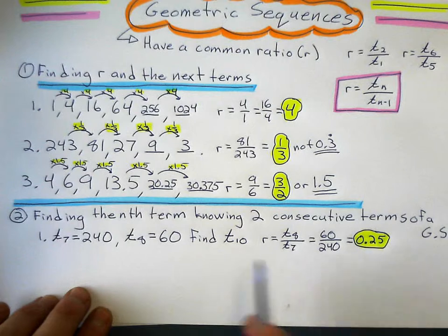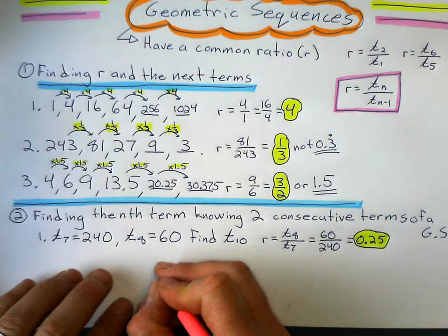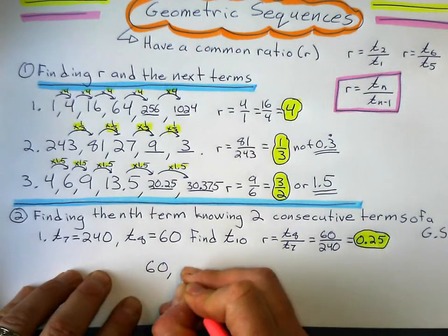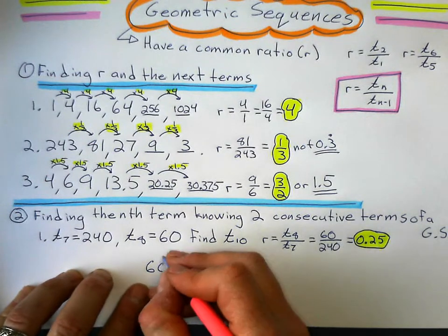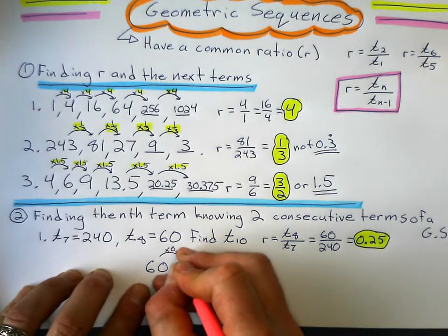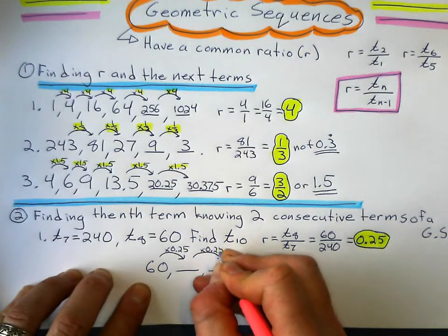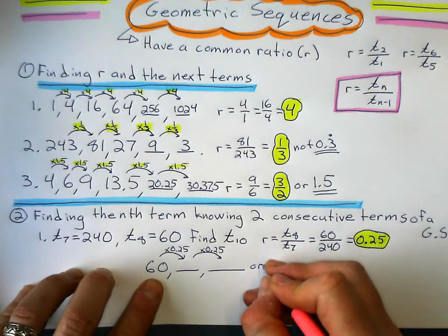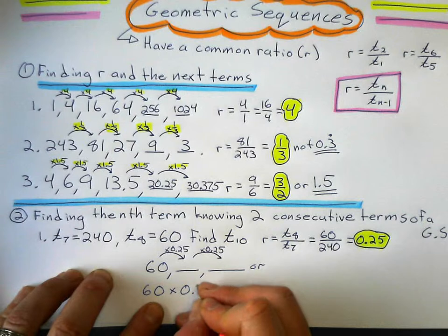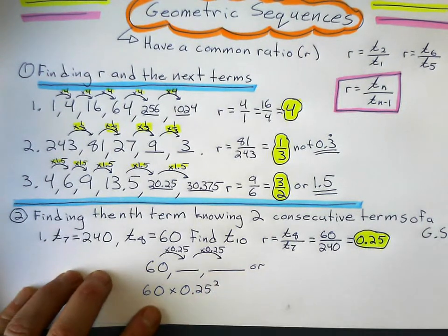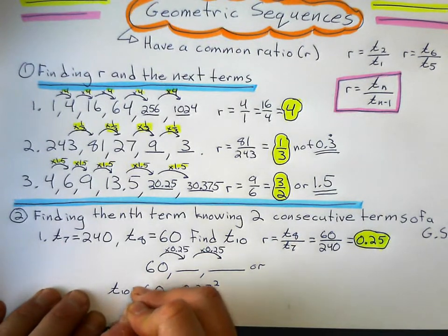If I know that's the common ratio, and I want to find the 10th term, and I know that's the 8th term, well, it's going to go 60, times 0.25, times 0.25, times 0.25, or I can just say this is going to be that 8th term times 0.25 squared. And that's what T10 will equal.